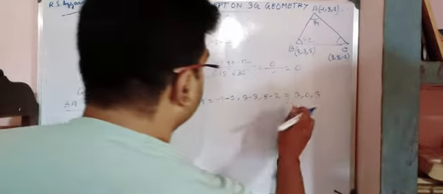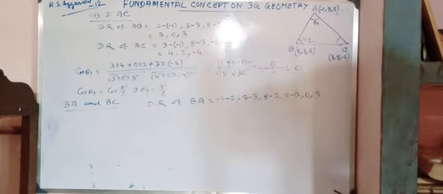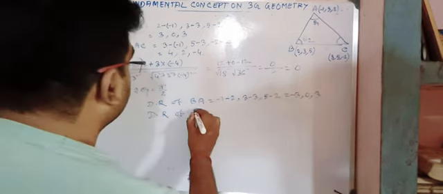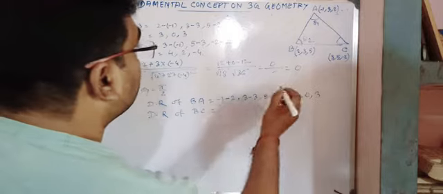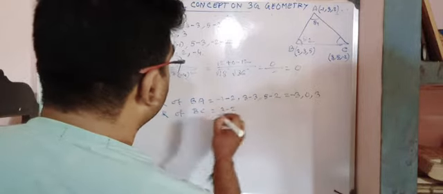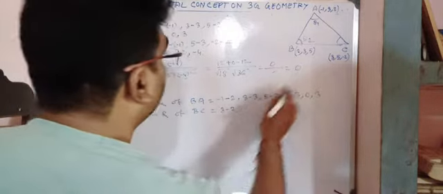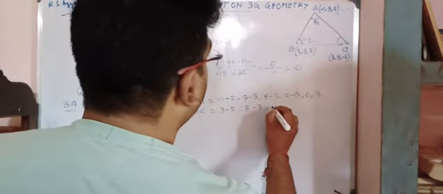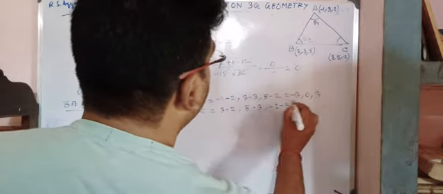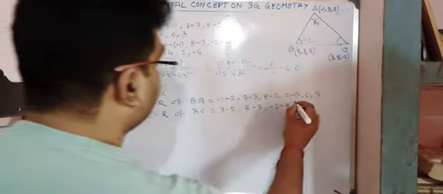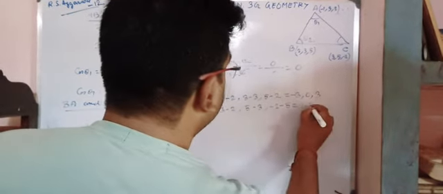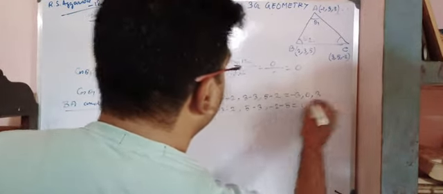This is minus 3, viewers. Minus 3. Understood that? Next, the direction ratio of BC is equal to 3 minus 2, this minus this, comma 5 minus 3, comma minus 2 minus 5. That's coming how much? 1, comma 2, comma minus 7.